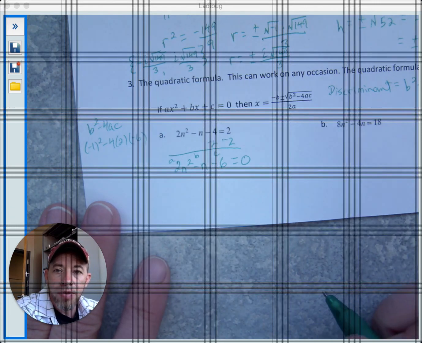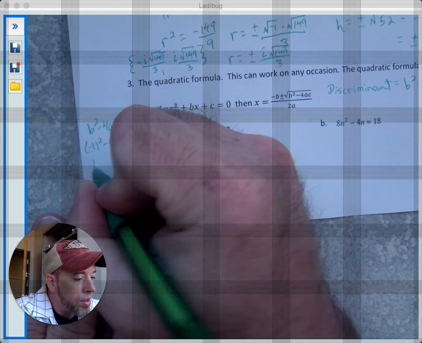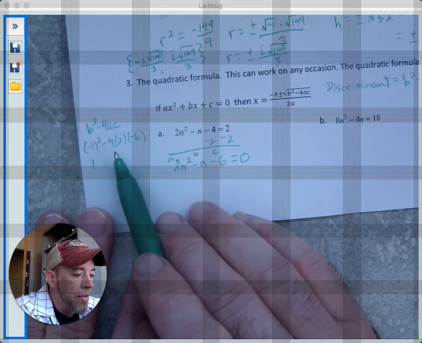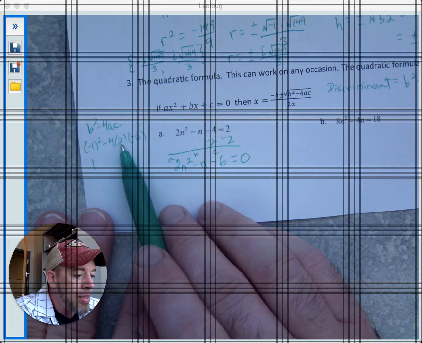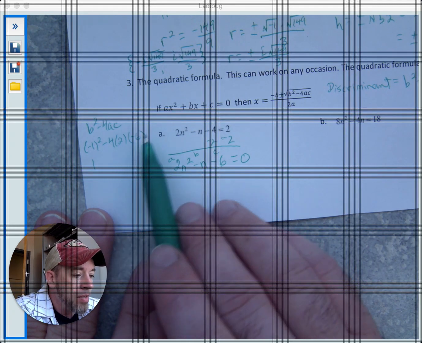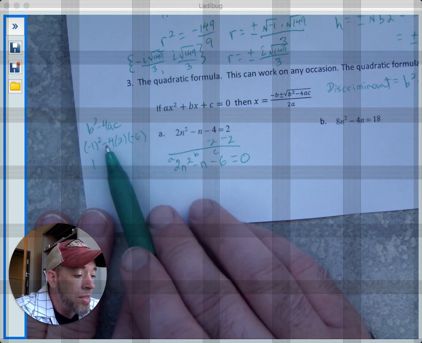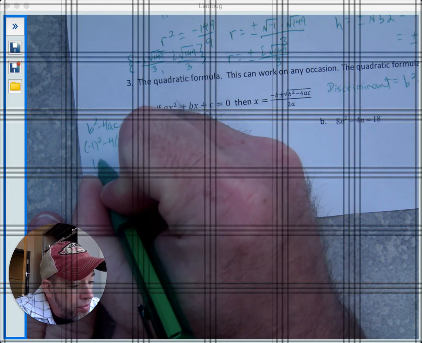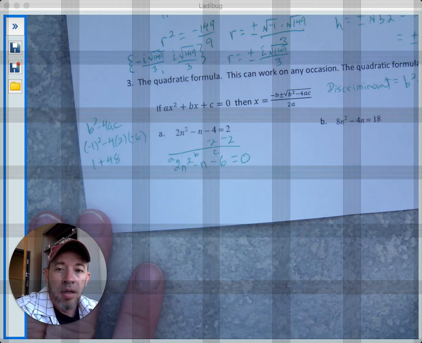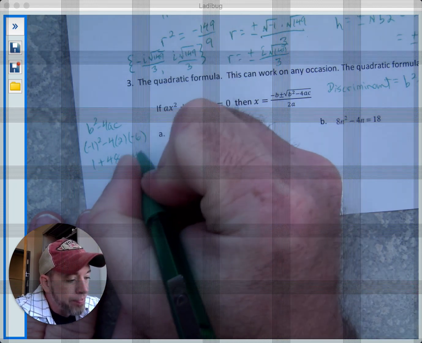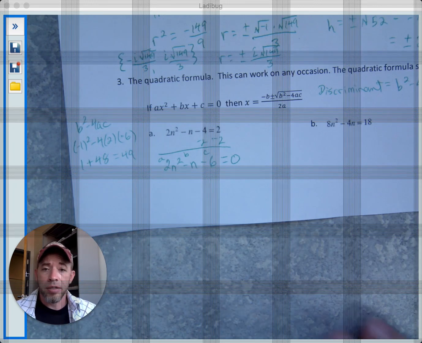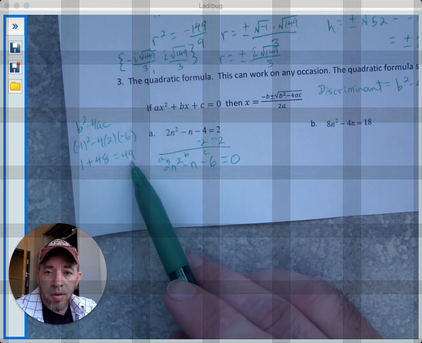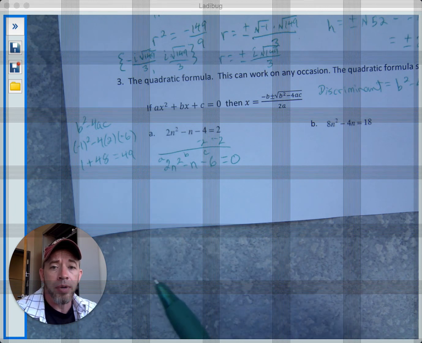And then I could simplify this. Negative 1 squared is 1. And let's see. We have 4 times 2 is 8 times negative 6 is negative 48. So we have minus a negative 48, which is really plus 48. And so we get our discriminant is 49. That's kind of a nice discriminant, right? It's a whole number, first of all, and it's a perfect square.